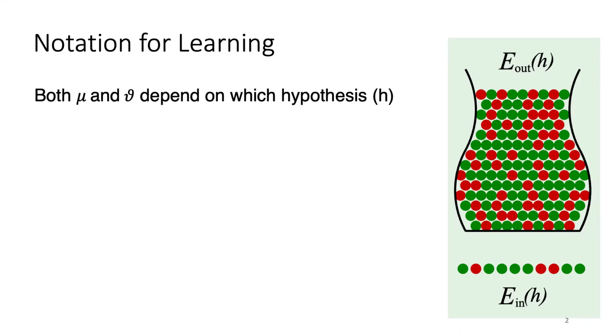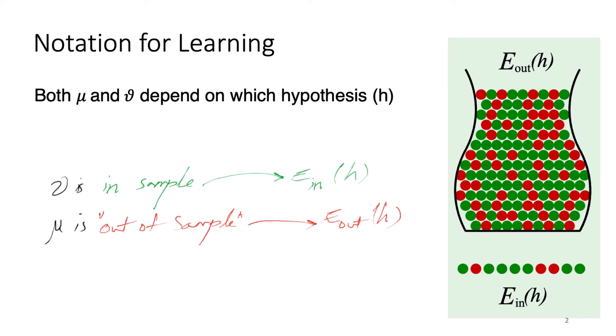So let's have a recap on that familiar jar of green and red marbles. We've been discussing it. We called out two different samples, one shown in green and the other shown in red.